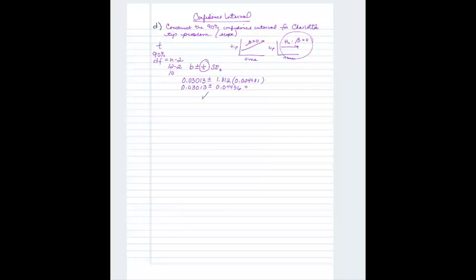So we want to add and we want to subtract. When we subtract, we're going to get negative 0.01423, and when we add, 0.07449 is what I ended up with as my interval.